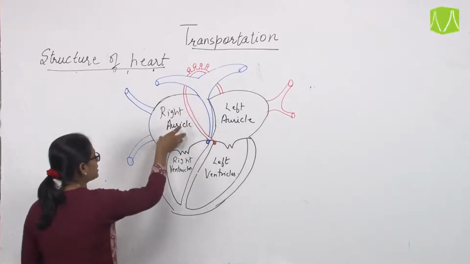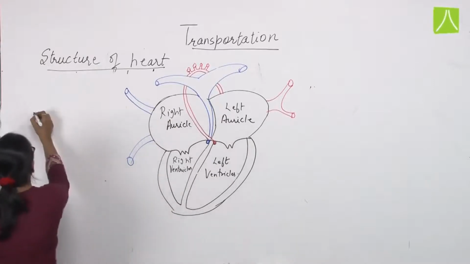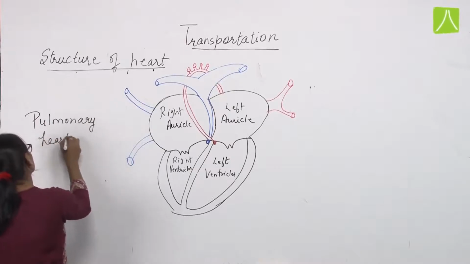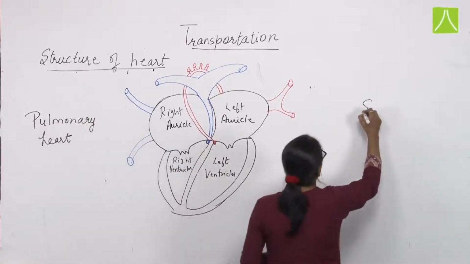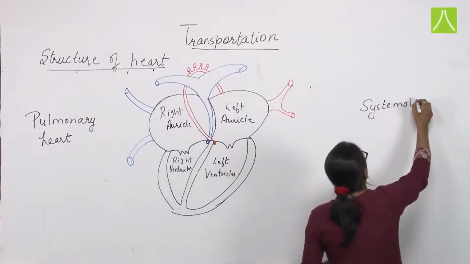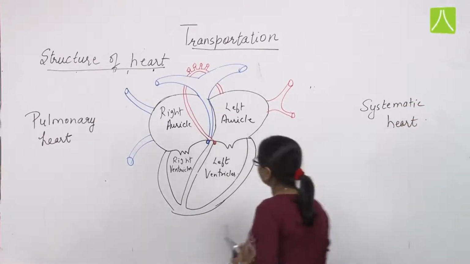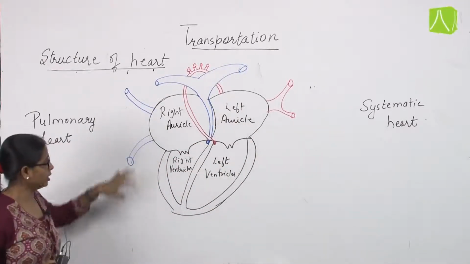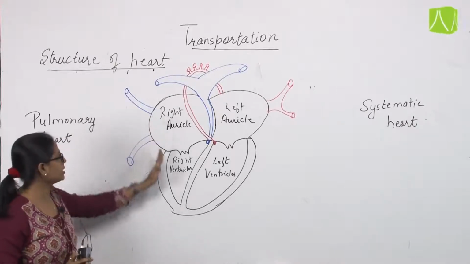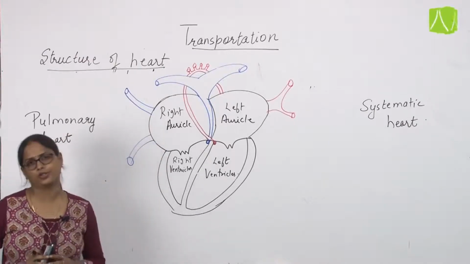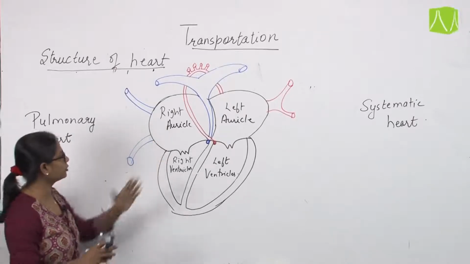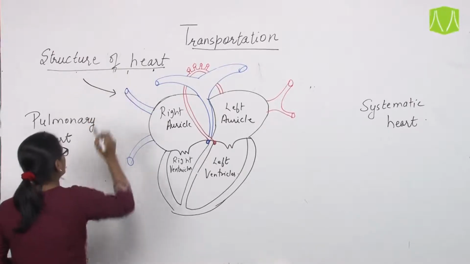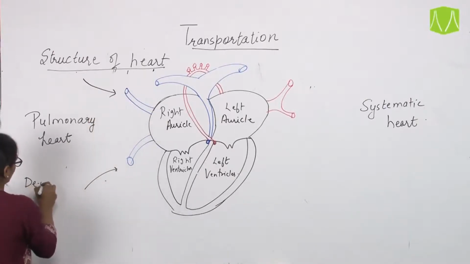Now this right side of the heart is known as the pulmonary heart, and the left side of the heart is known as the systemic heart. Why is it known as the pulmonary heart and why the systemic heart? The pulmonary heart means this particular side of the heart receives deoxygenated blood.